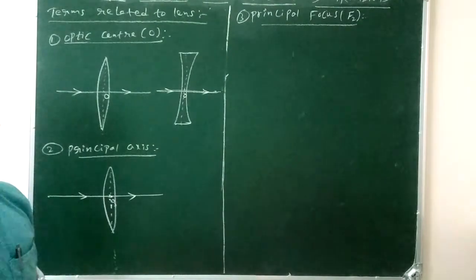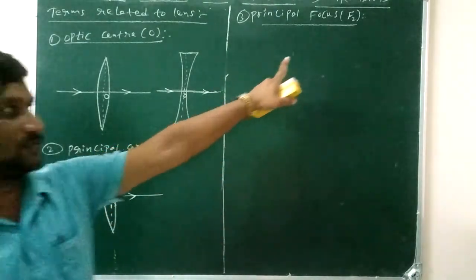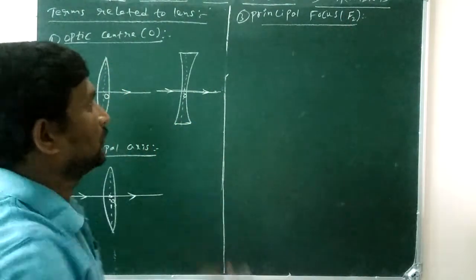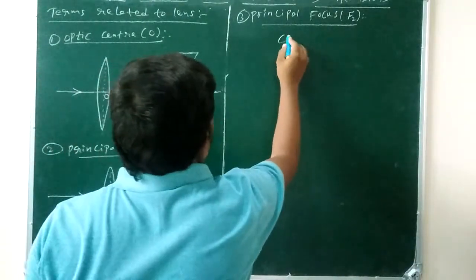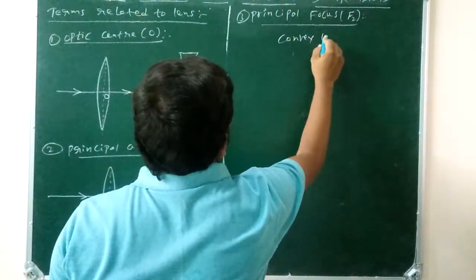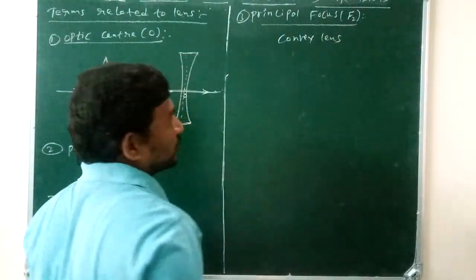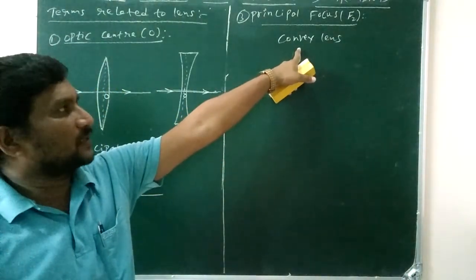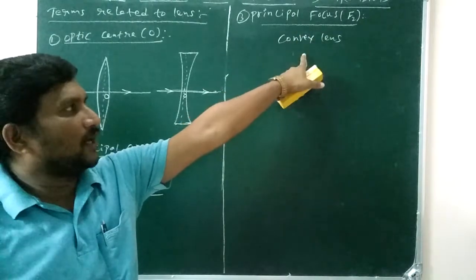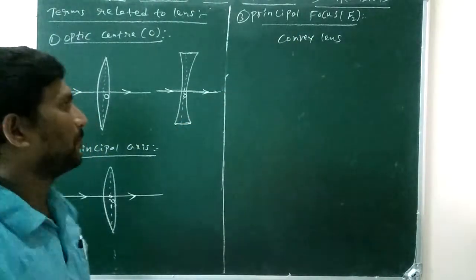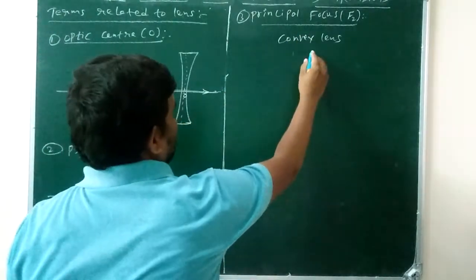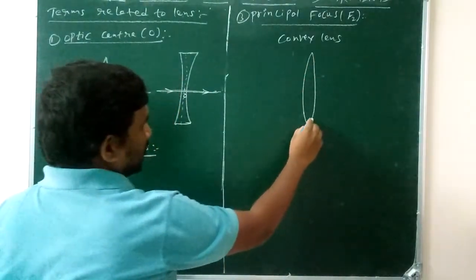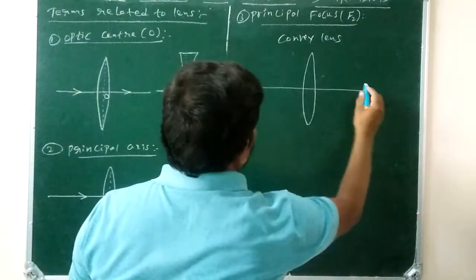Here the lens has two refractive surfaces, that's why I am writing F2 here. The principal focus of a convex lens is a point on the principal axis to which the light rays parallel to the principal axis converge.